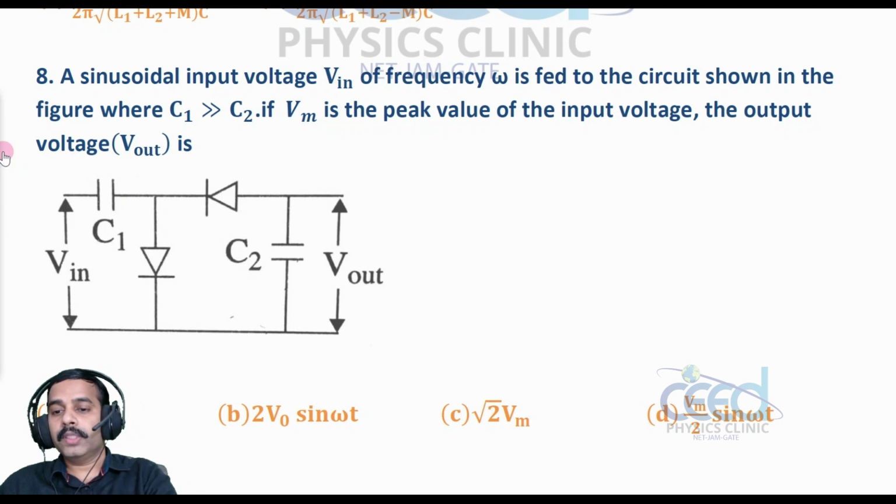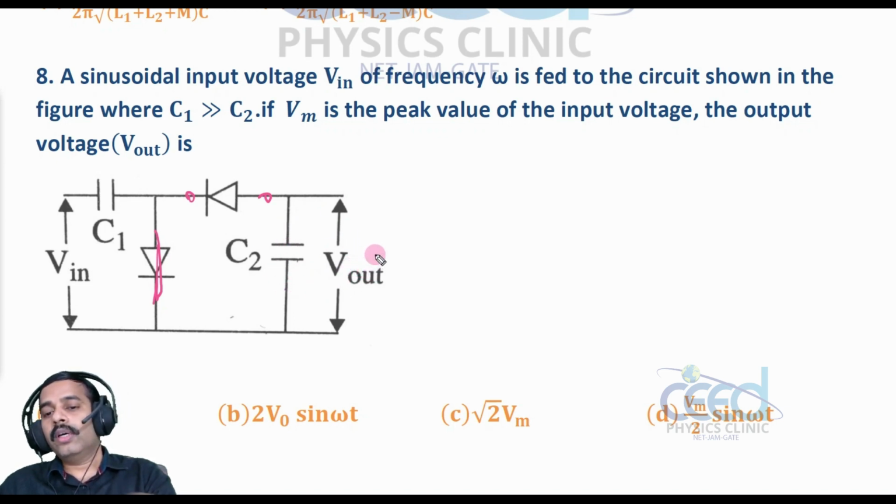During the positive half cycle, this diode will conduct, and this other branch is open because it is reverse biased. So there is no output voltage across it.